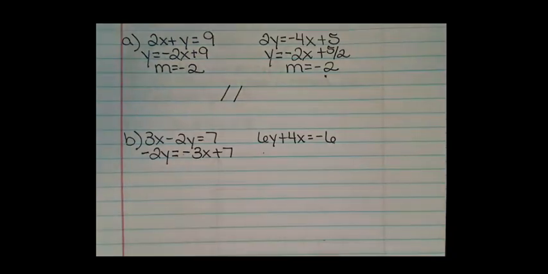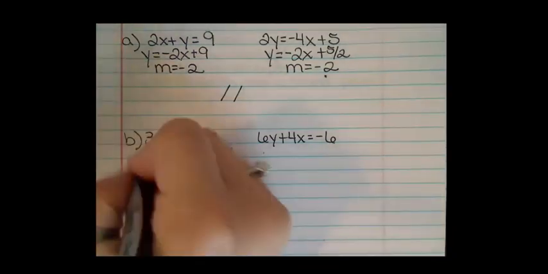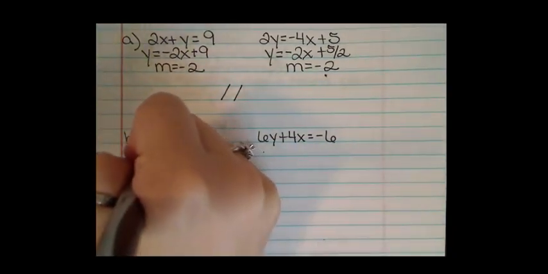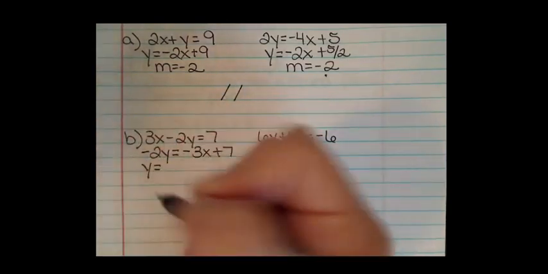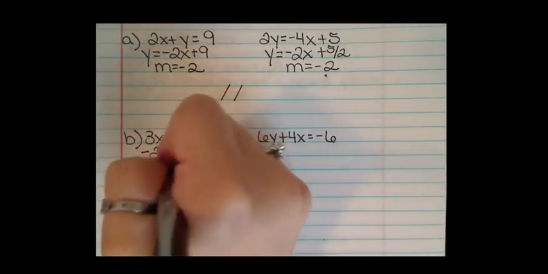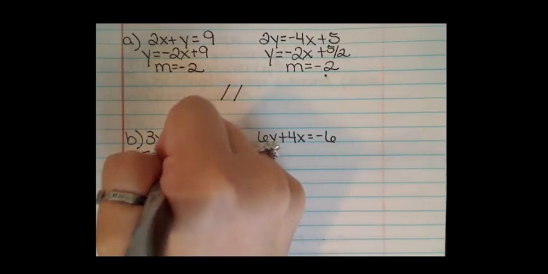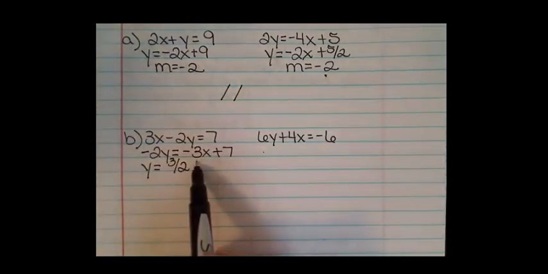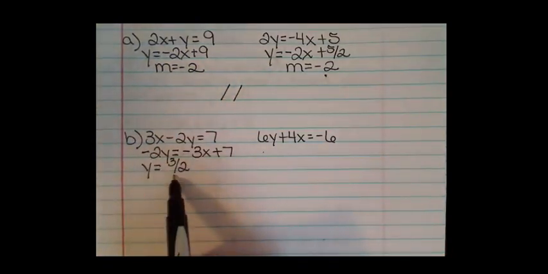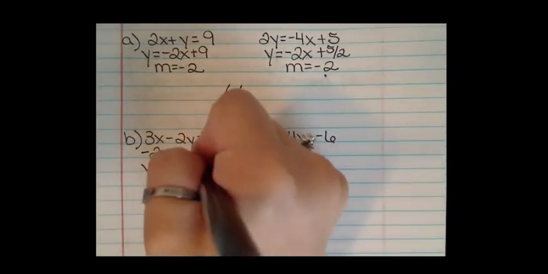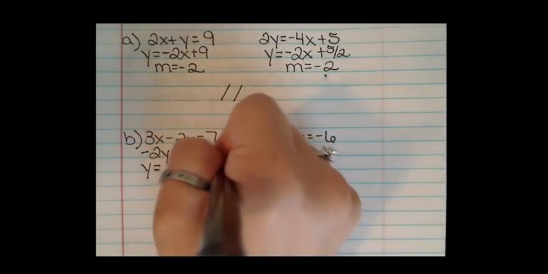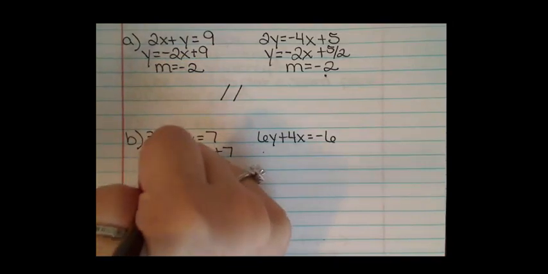Got to divide everything by -2. So y equals a positive 3 over 2, because that was a negative divided by a negative, x minus 7 over 2. So then my slope was 3 over 2.